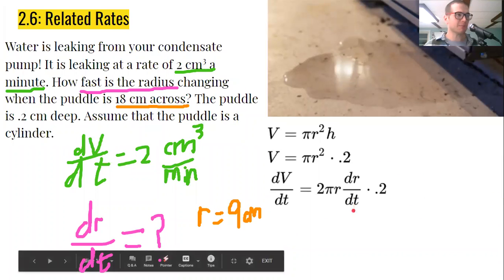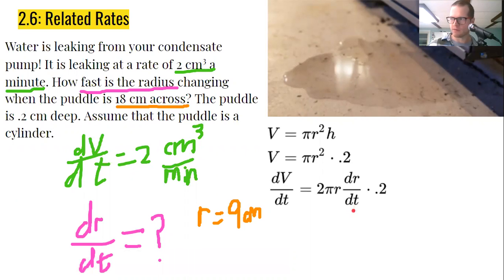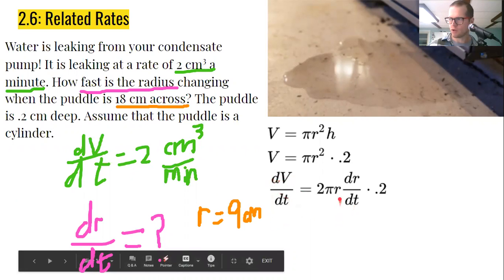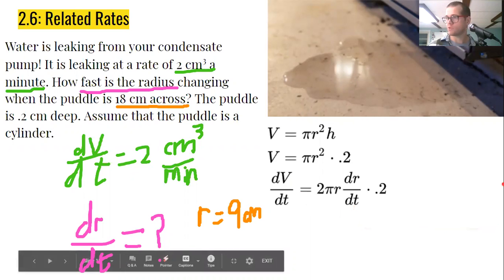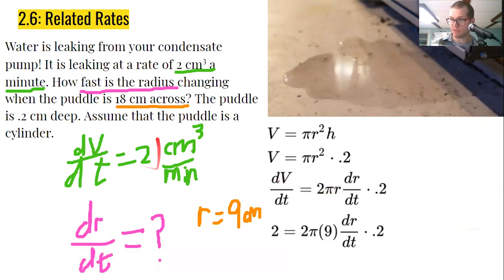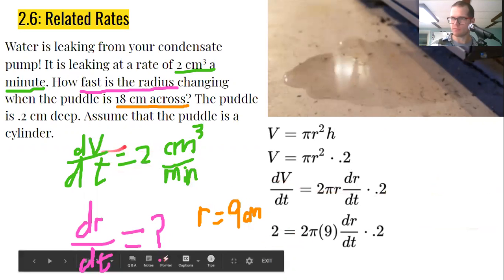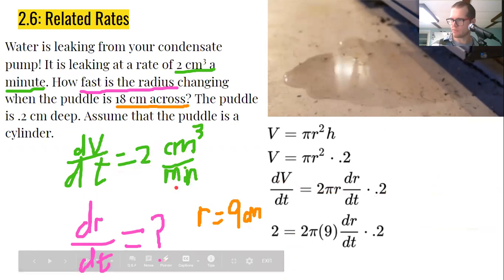At this point, we can start plugging stuff in because of the three variables up there, dV/dt, r, and dr/dt. We know two of the three, which means if we plug in two, we can figure out the third. So let's plug in the things we know. dV/dt right here was 2 cubic centimeters a minute.